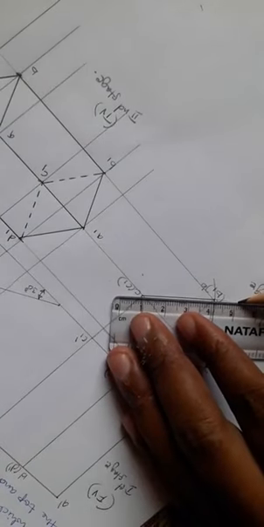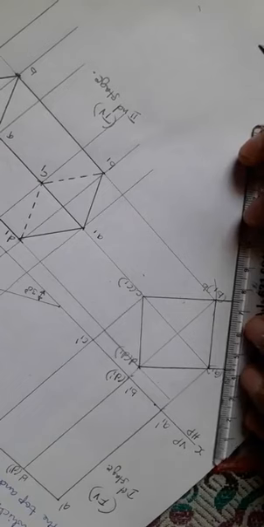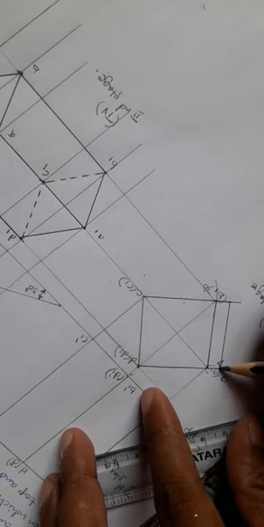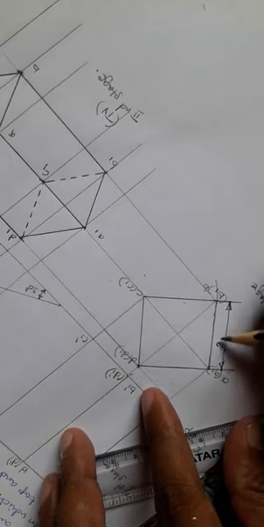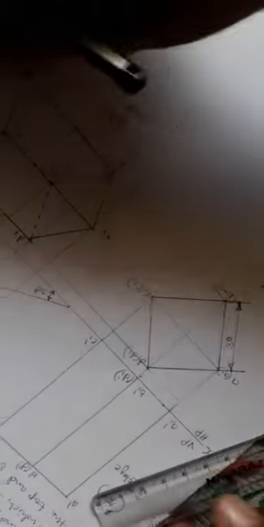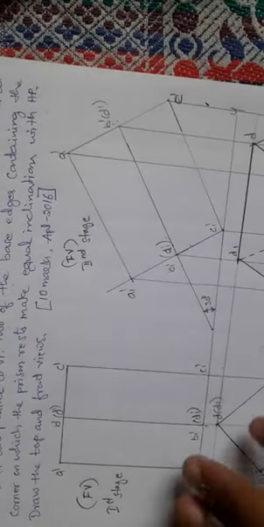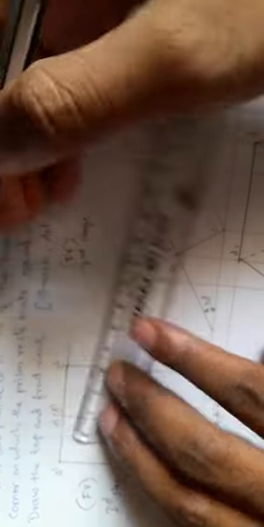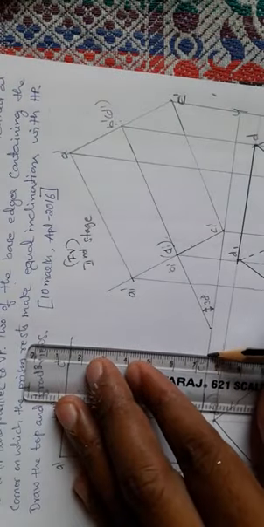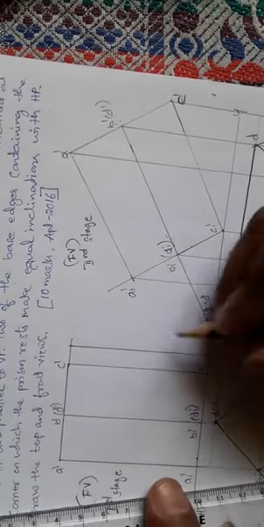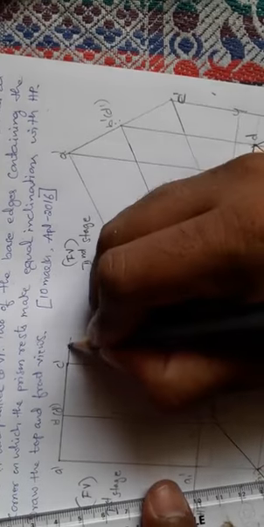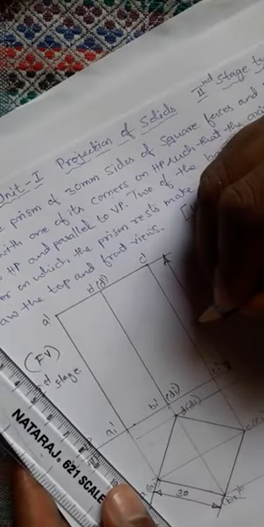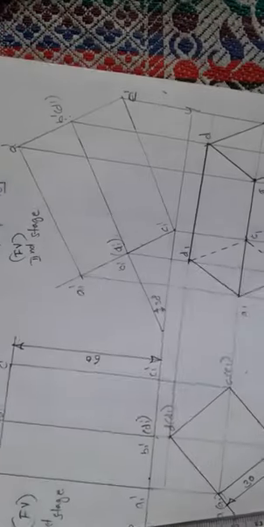So this is the square prism having sides of 30 mm, right? And this is the height, okay, height it is 60 mm.